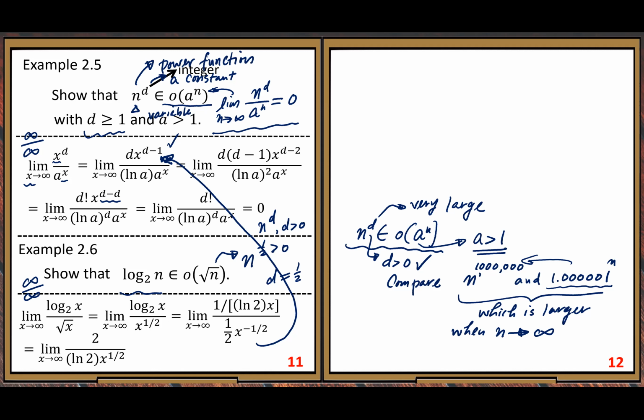After simplification, we get this expression, but this fraction is not an indeterminate form, so do not apply L'Hopital's rule another time. The numerator is a fixed number, 2. The denominator goes to infinity.